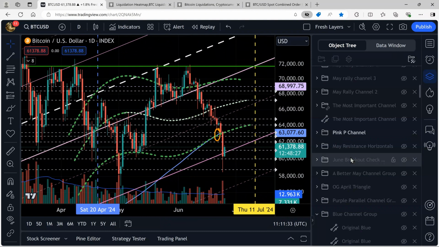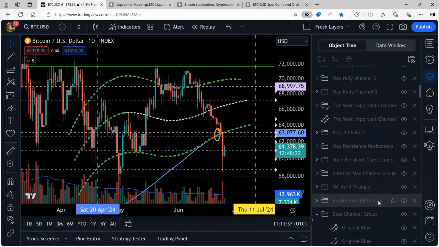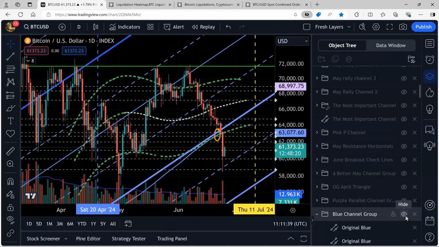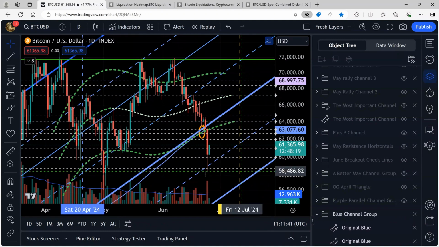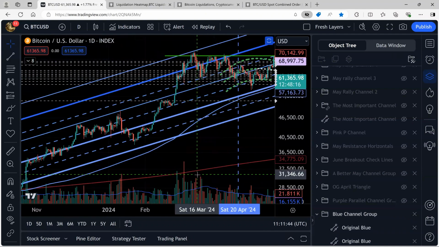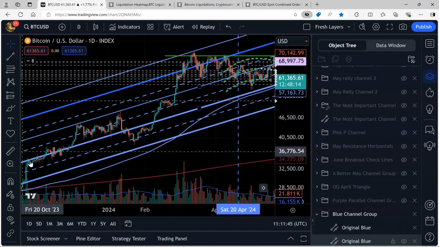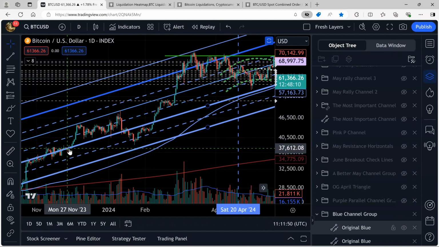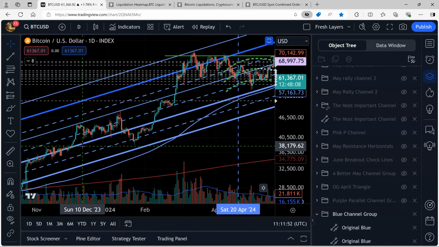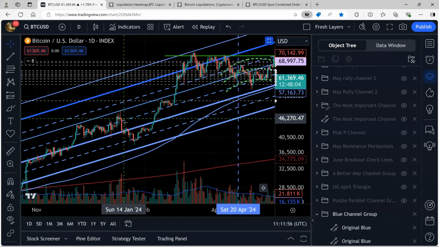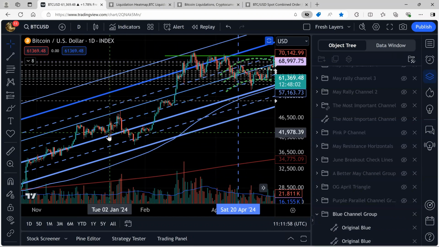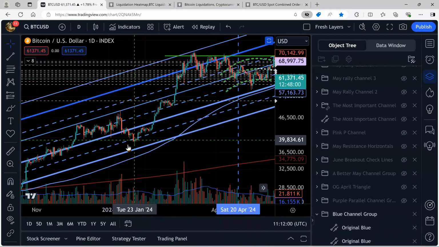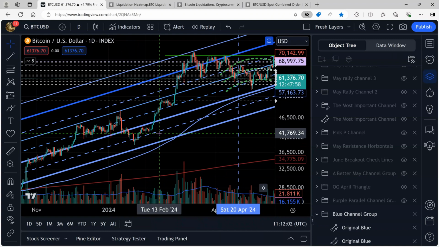So there's the pink parallel channel. Let's turn that off for a second. We have the blue channel group here, and clearly we interact with that. I mean, we followed right along the tops and bottoms, the intersection of these two channels here, traveled right in here clearly, oscillating upwards and downwards, and then here fell down to the center line of this one.